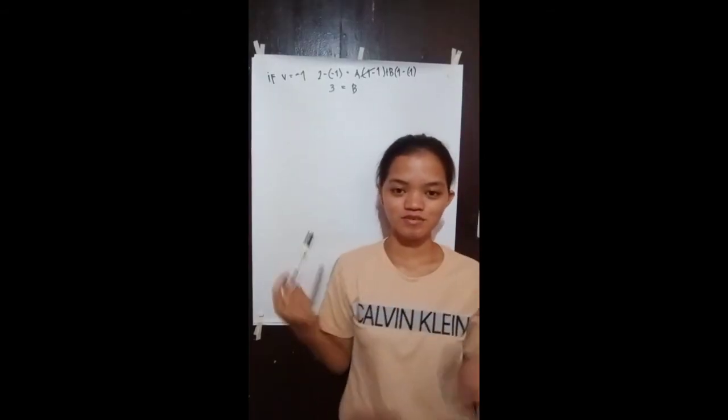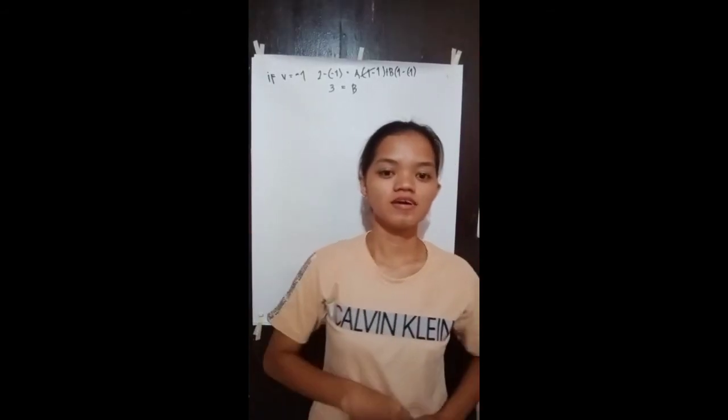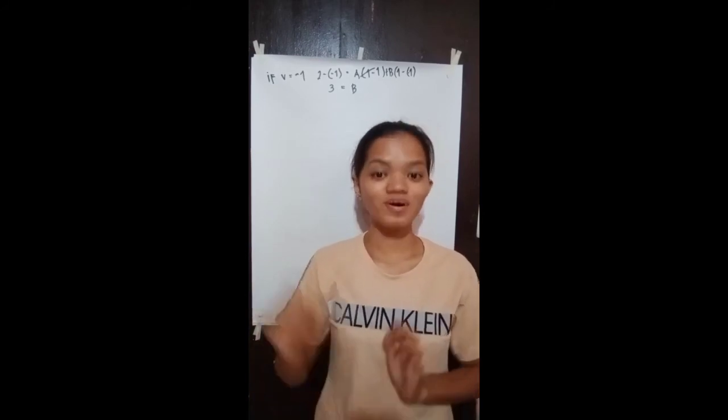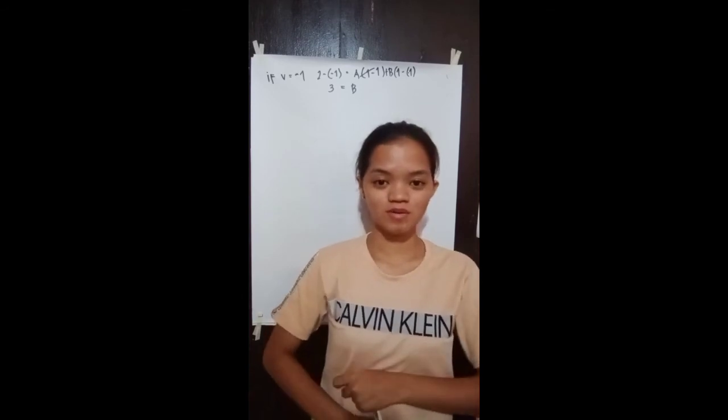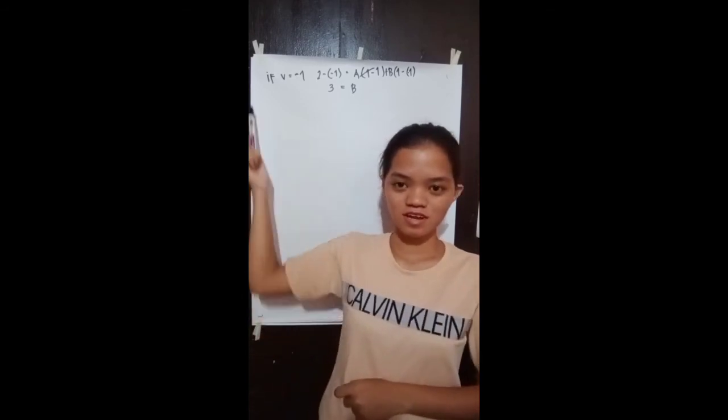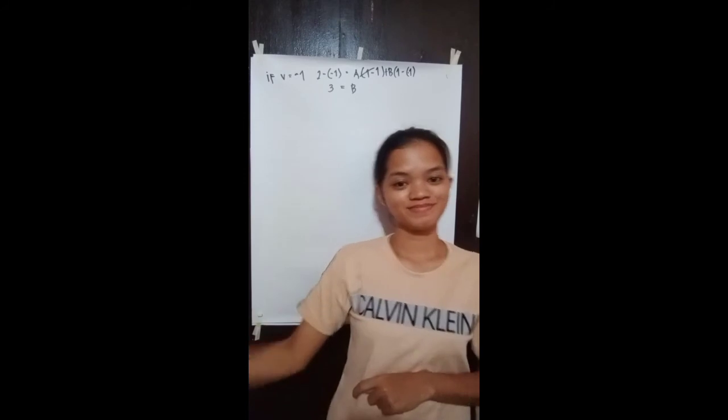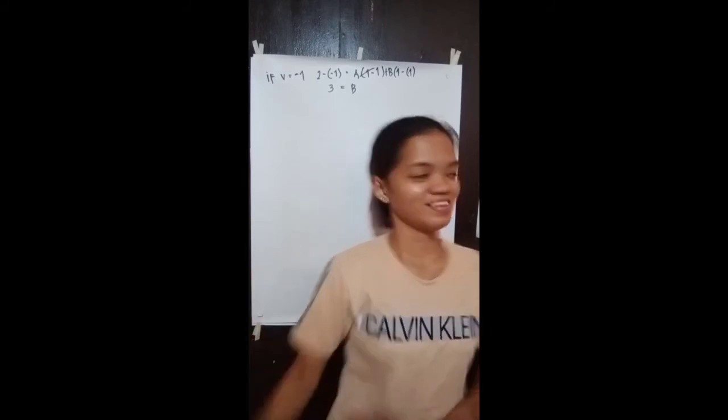Kanina nakuha na natin yung value ng A. So, yung B naman. Kung kanina is positive 1, for sure, ang magiging what if naman daw yung B is negative 1. So, try natin.